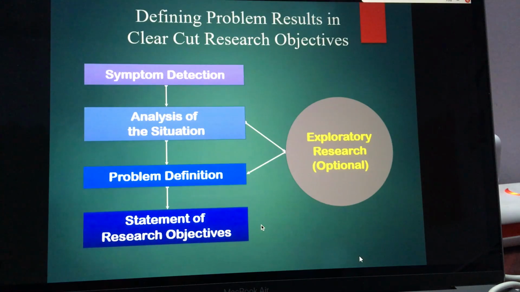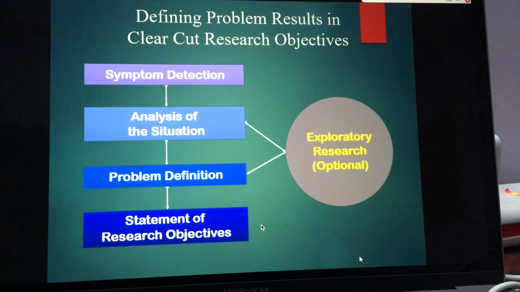Although it's optional. If you are doing conclusive research, that means research where some kind of conclusion on the specific research question can be reached, that kind of research is called conclusive research.